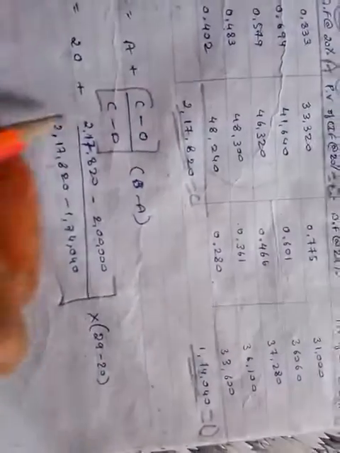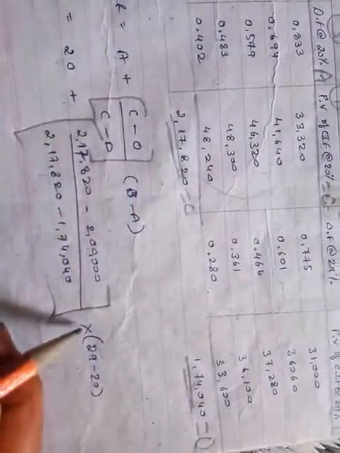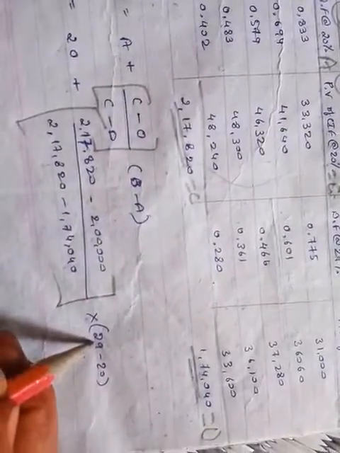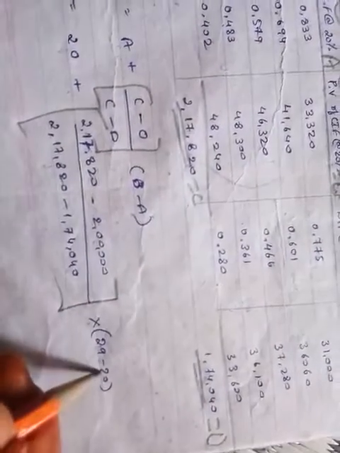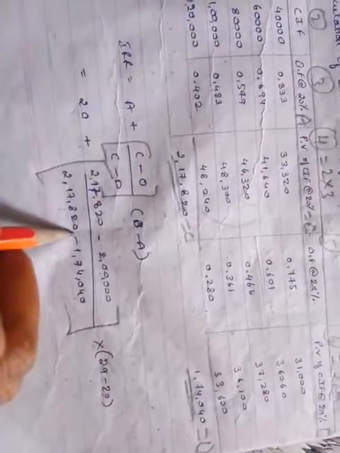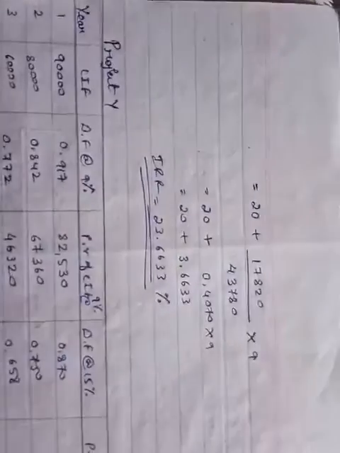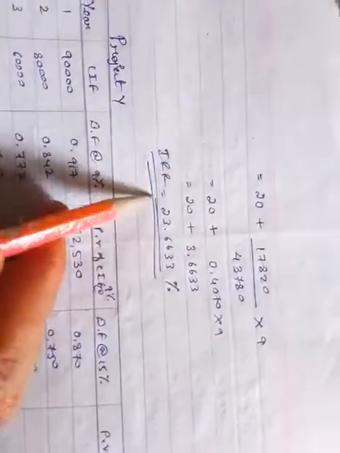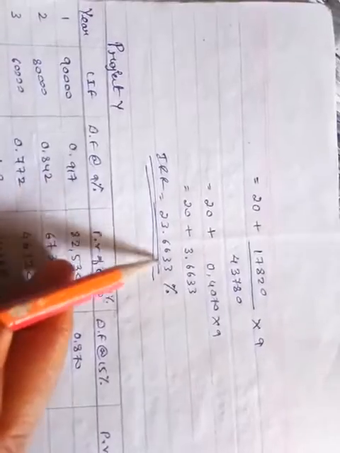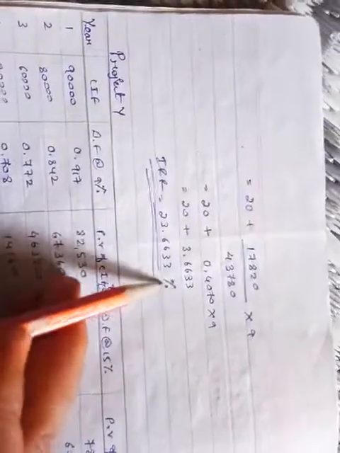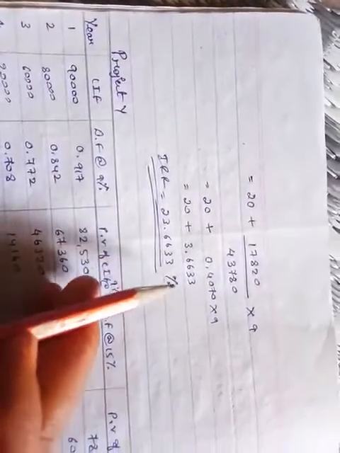So into B minus A. B means 29, the higher trial rate discount factor, minus 20, the lower trial rate discount factor. Now we need to simplify this substitution. If we simplify this substitution, we get the IRR, that is 23.6633%. It always has to be expressed in terms of percentage.